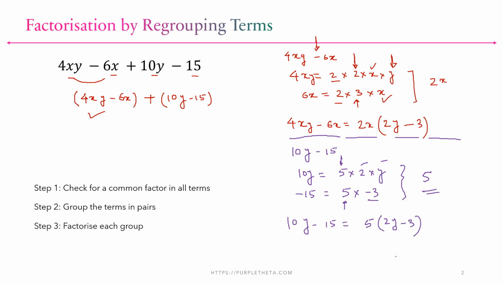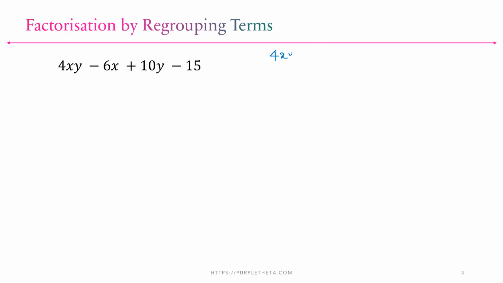Now for the fourth step we have to put them together. So our expression becomes 4xy minus 6x, this was 2x, and in the bracket 2y minus 3. This is what we have seen already. And from the second group, that is 10y minus 15, we saw that 5 was common, and in the bracket we had 2y minus 3.